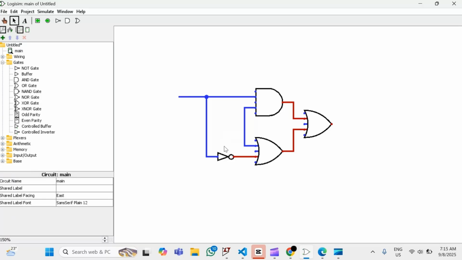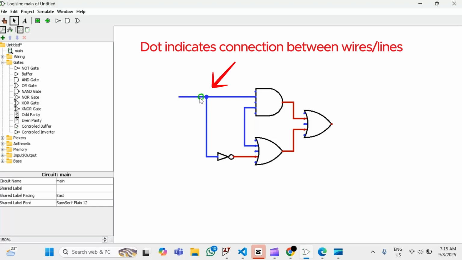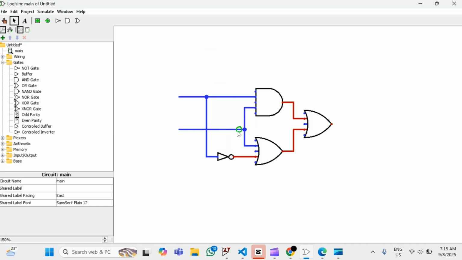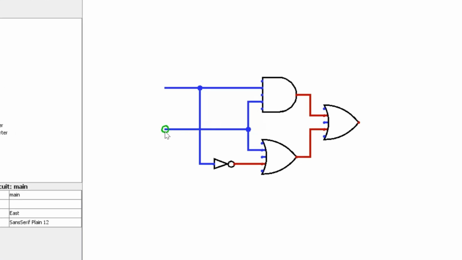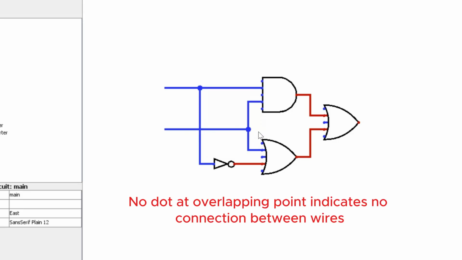You will often see this dot here, right? This dot means that this line is connecting to this line. If you see something like this, where this thing is overlapping the wire, but you don't see a dot at the junction here, the overlapping point doesn't have the dot.